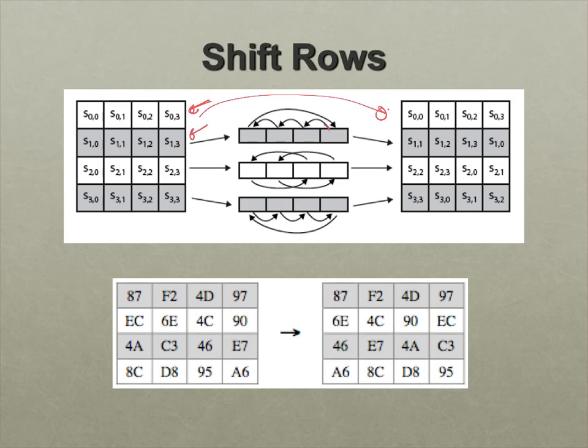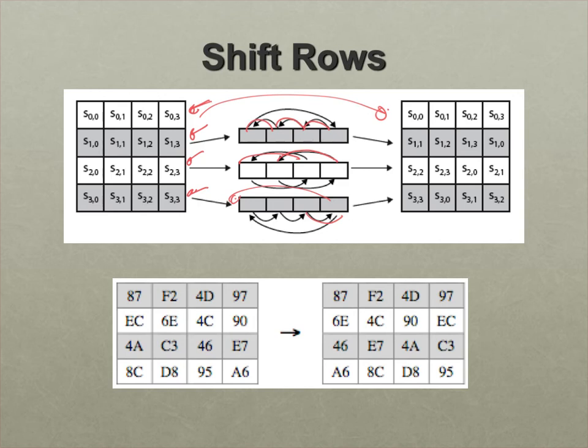The second row, we shift 1 byte to the left. The third row, we shift 2 bytes to the left. And the fourth row, we shift 3 bytes to the left, which is actually 1 byte to the right, because we are talking about a circular shift. So the shift rows is a very simple stage.